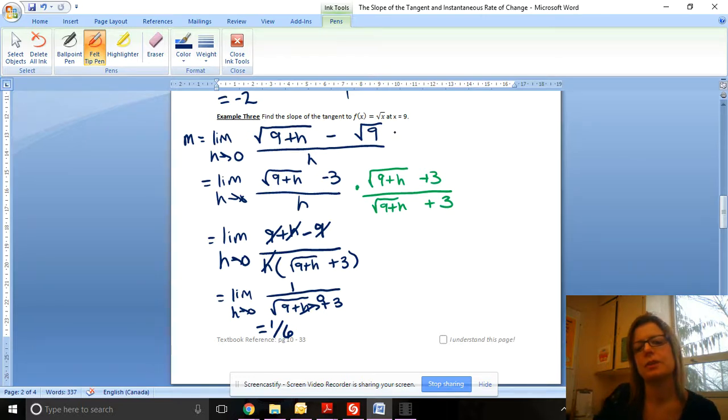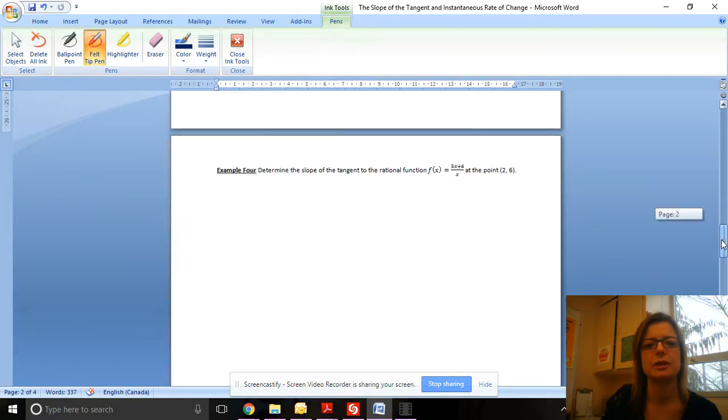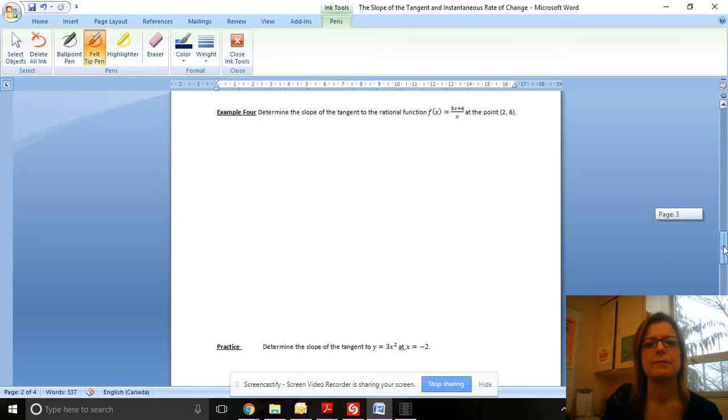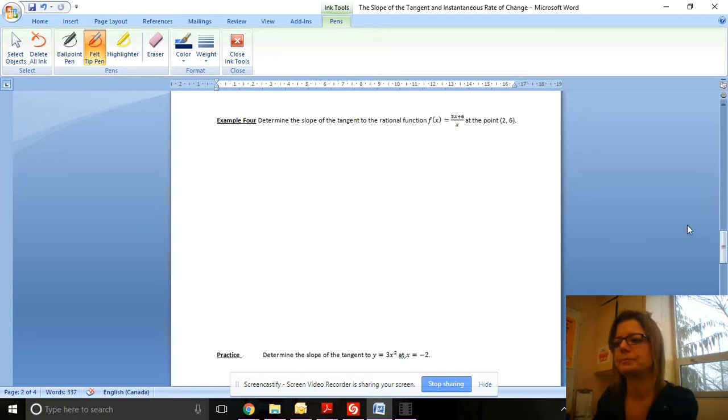So the slope of the tangent there is 1 over 6. Okay, you can graph it on GeoGebra or Desmos, whatever you prefer, and you will see that that is correct. You would have a rise of 1 for a run of 6 if you drew a tangent there.